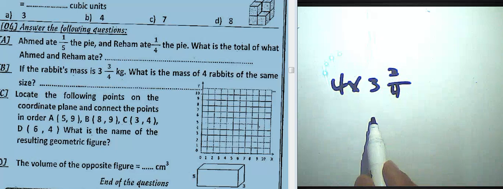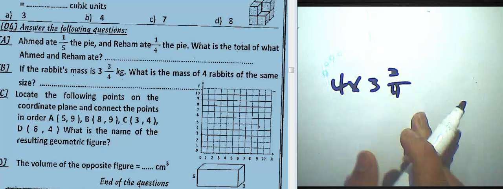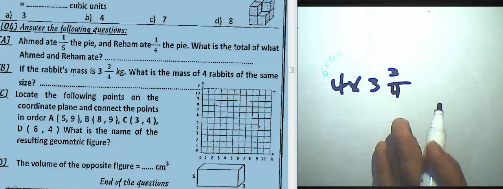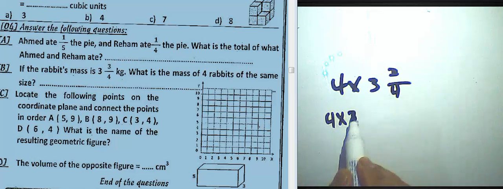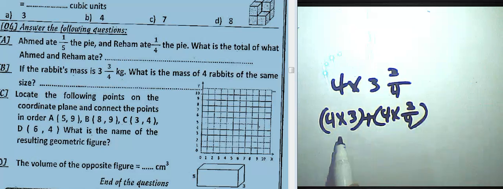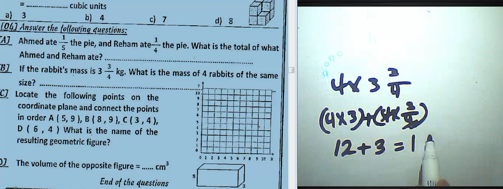Okay, you can find the result by converting from mixed number to improper or using the distributive property. 4 times 3 plus 4 multiplication 3 over 4. 4 times 3 equals 12. 4 divided by 4 equals 1. 1 times 3 equals 3. The result will be 15. Okay, so the weight will be 15 kilograms.